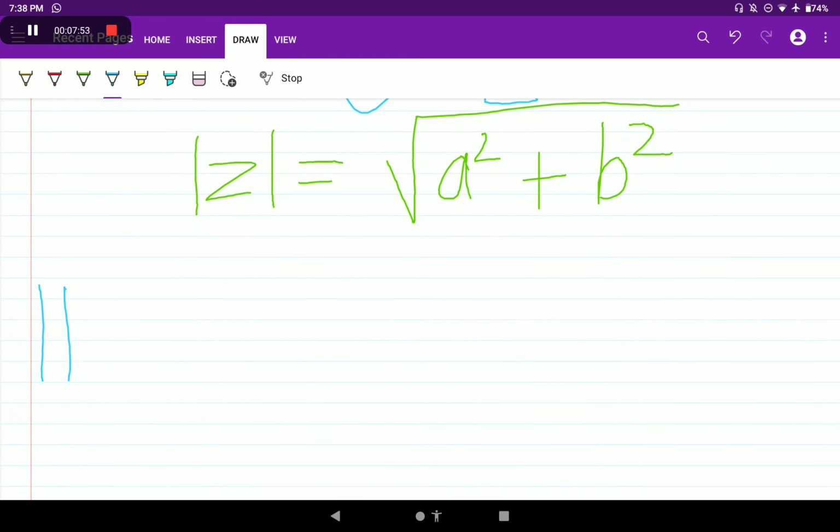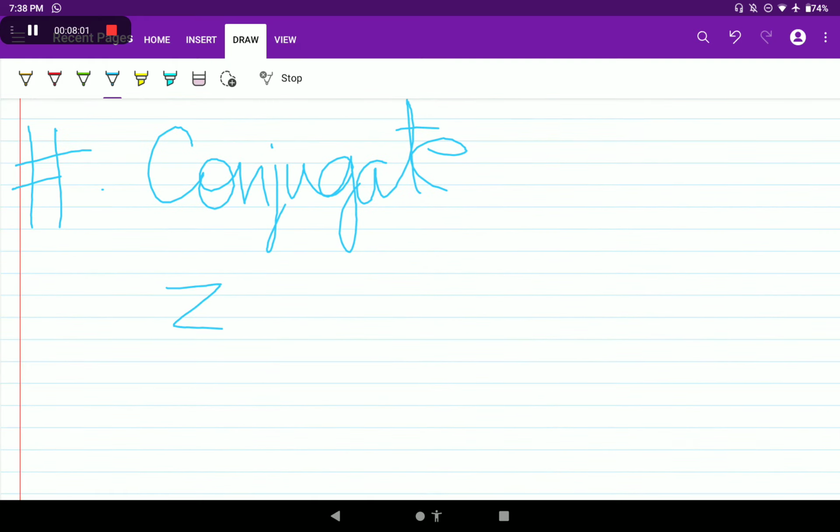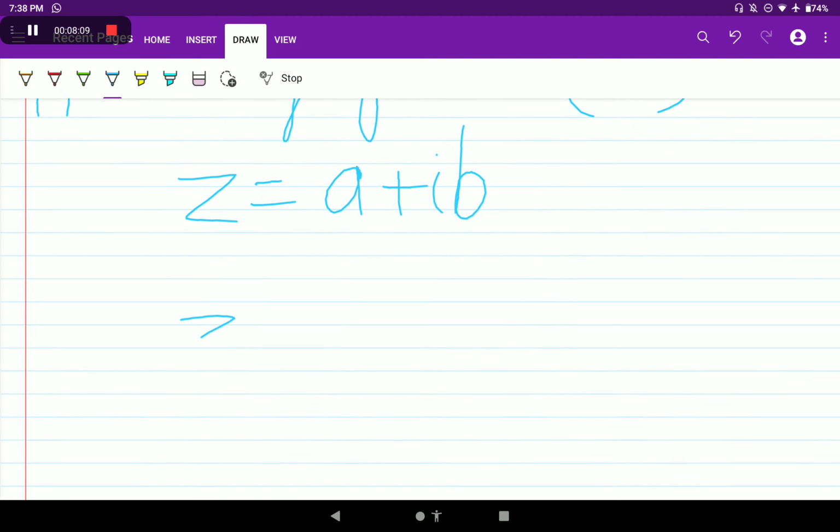Next topic is, these are short basic terms, very important, conjugate of complex numbers. Now you have a complex number a plus iota b, so conjugate, it is represented by this. We make a bar, z bar, we call it a minus iota b.